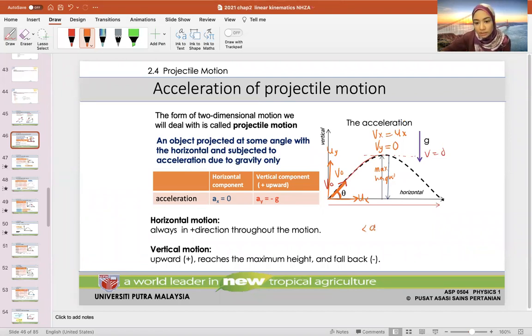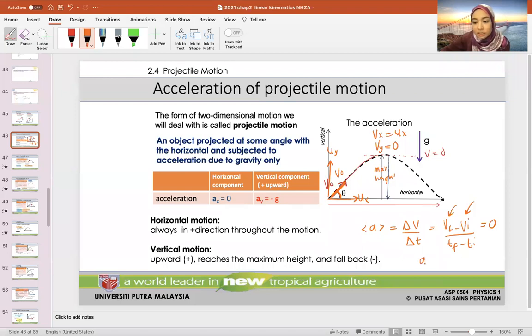Remember the equation for acceleration? Average acceleration is the change in velocity over the change in time. And change means, when you have a delta, it always means final minus initial. So V final minus V initial, T final minus T initial. We can just ignore time for now. So what I'm trying to say here is that if your V final and your V initial do not change, this would give you a 0.